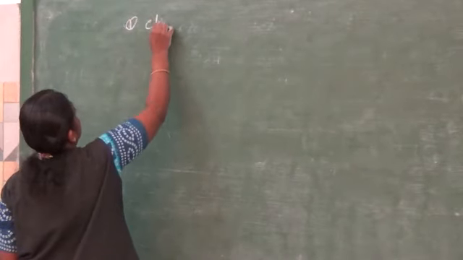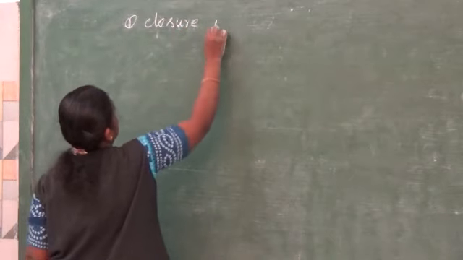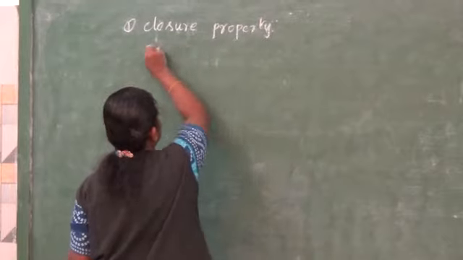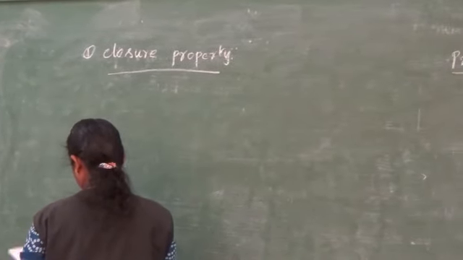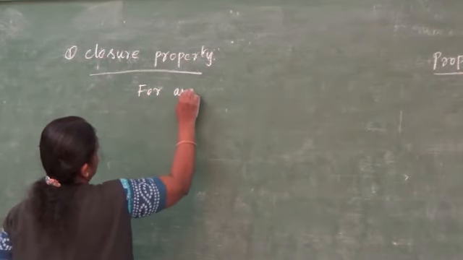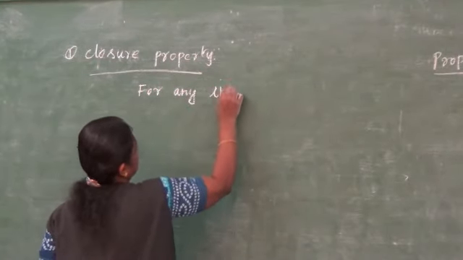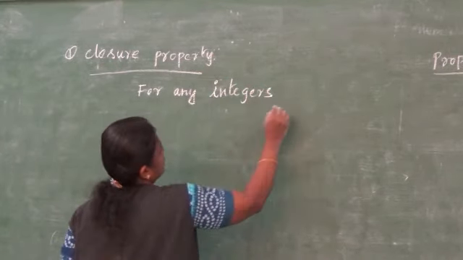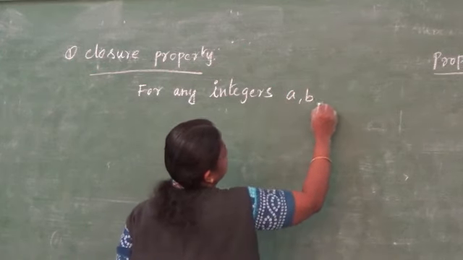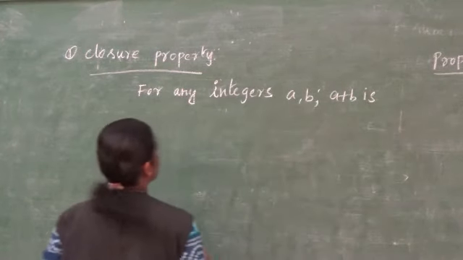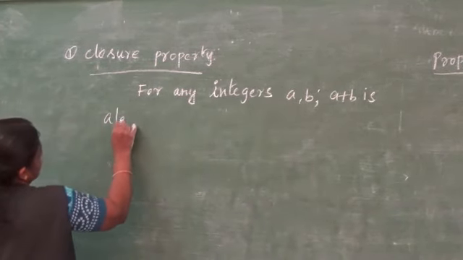The first one, closure property. For any integers A and B, A plus B is also an integer.